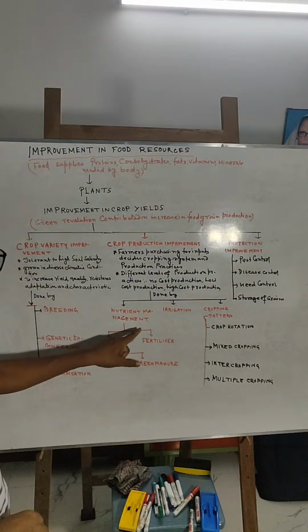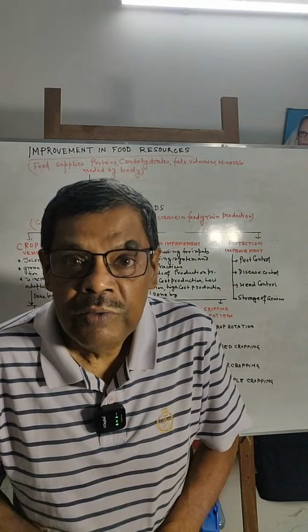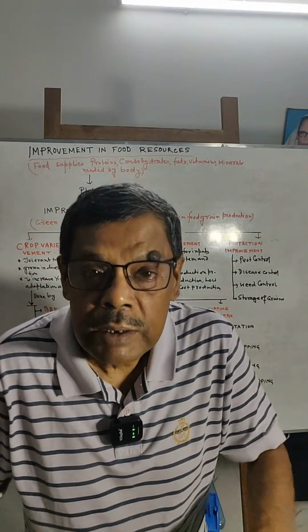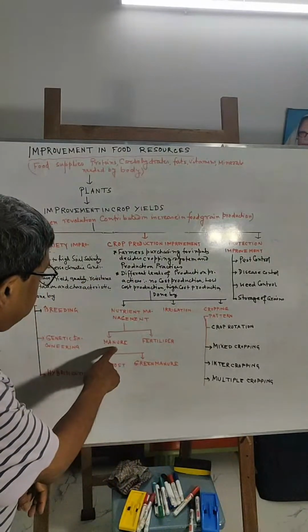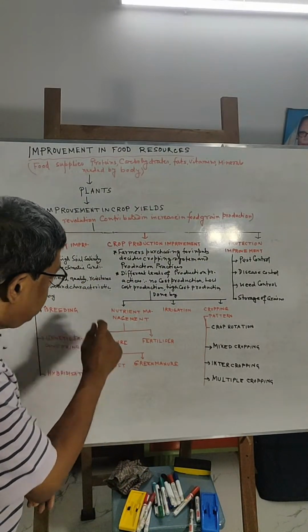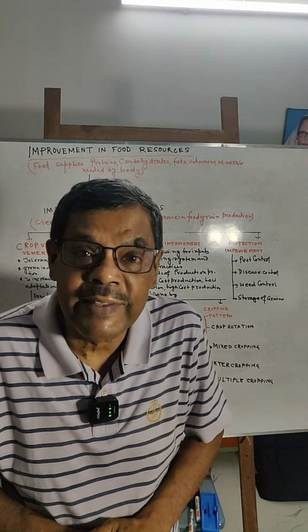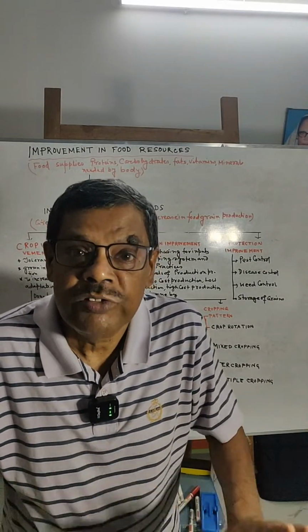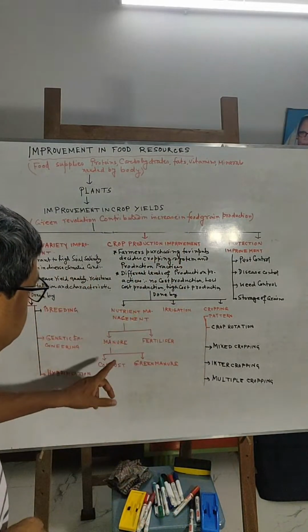First of all, nutrient management. Nutrient management means the supply of nutrient to the crops, which depends on manure and fertilizer. Manure, what is manure? That which is produced from animal excreta and plant waste products is called manure.